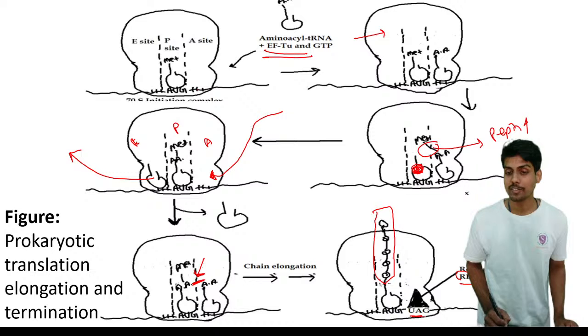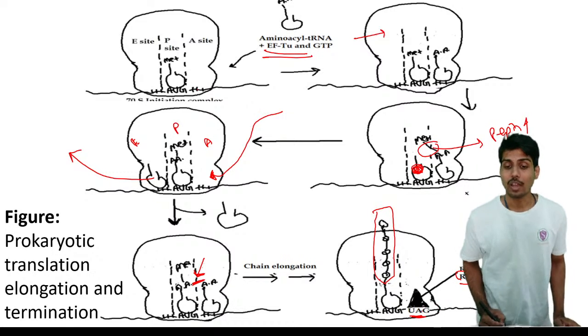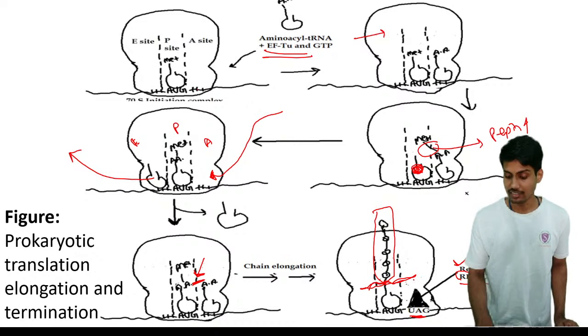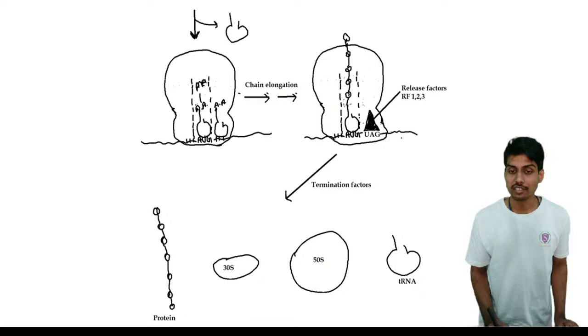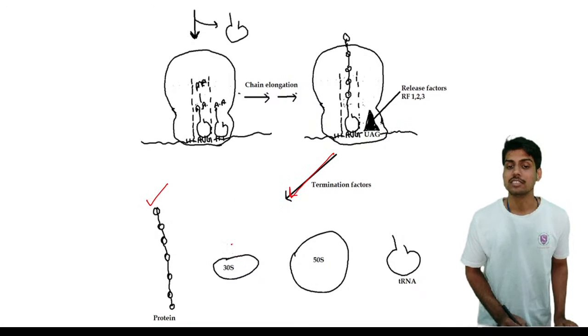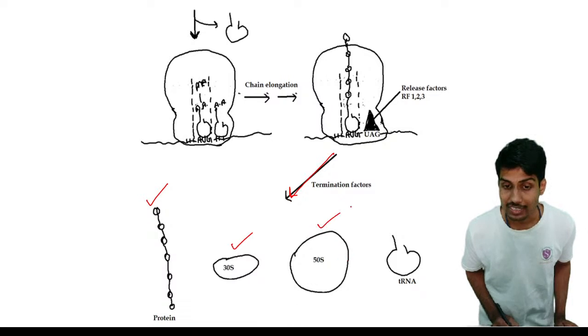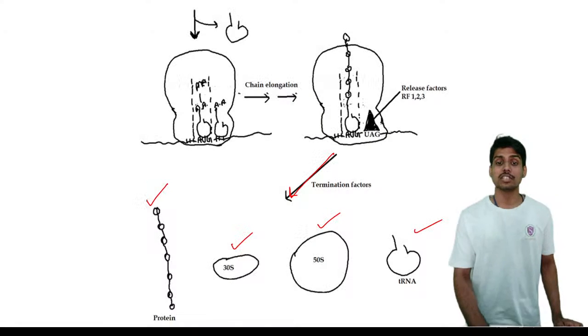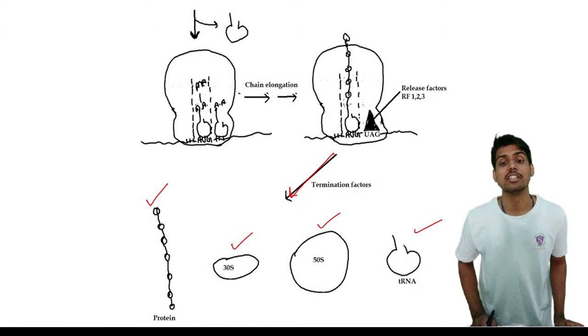At these termination codons, the release factors will finally cut down the entire peptide chain. After that you will have the individual protein, the 30S, the 50S and the tRNA separately. So this is how the entire translation occurs in prokaryotes.